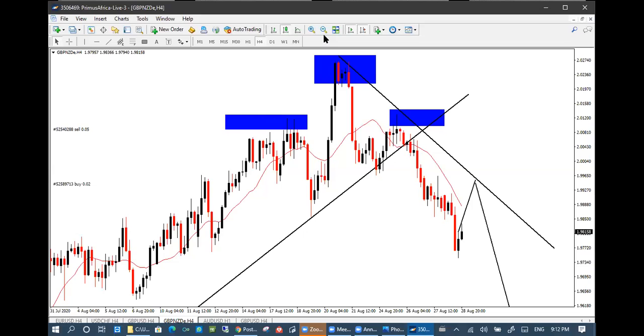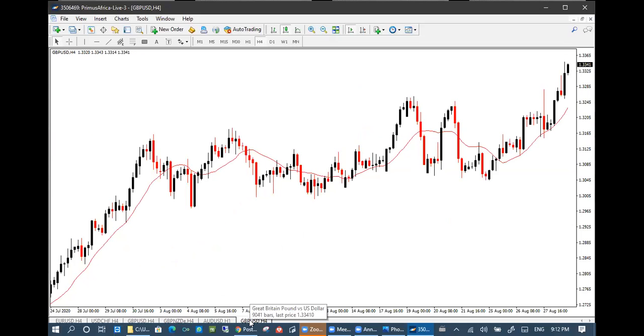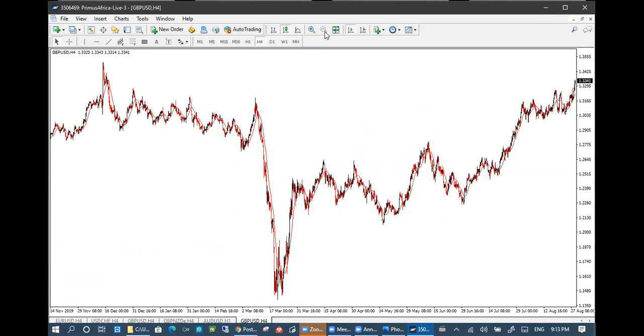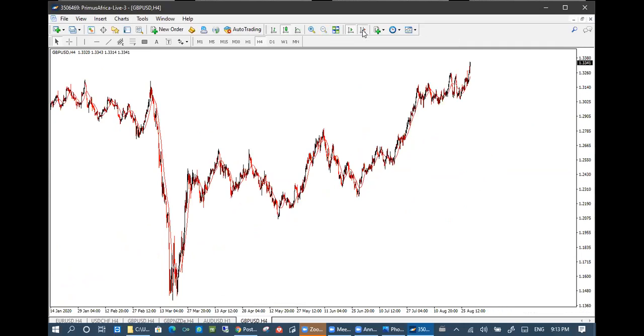Okay, let's see other patterns that we've been talking about. You can see this pattern here when the market was trending up.